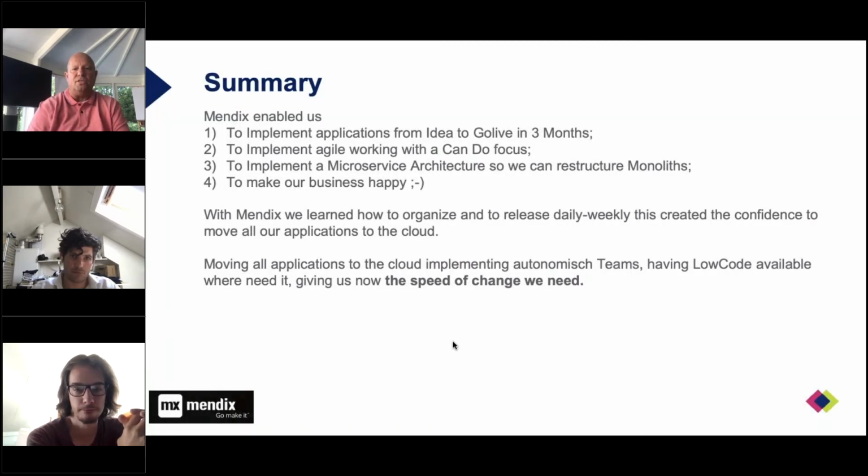Moving all the applications to the cloud and implementing autonomous teams was the next step, having low code available where we need. So that was the criteria. The autonomous teams and autonomous applications that we built created the speed that we really needed. So far.